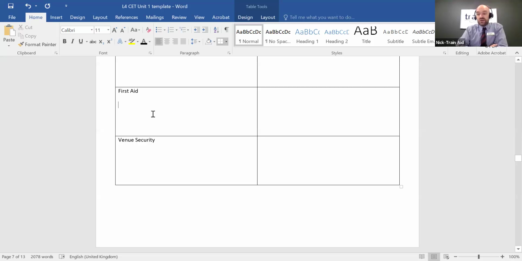Next one is first aid. So again, we're notifying learners about first aid provision. We could identify who the appointed first aider is, how to access that member of staff, how to report an incident if it involves themselves or another learner, or just simply where the first aid box is, the nearest one, if they need a plaster or anything like that.